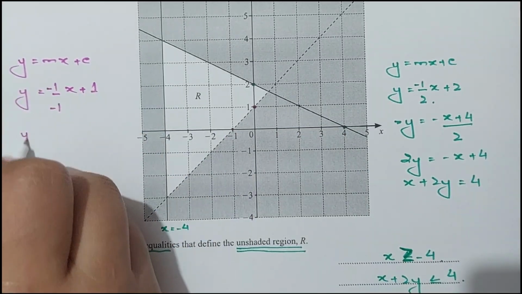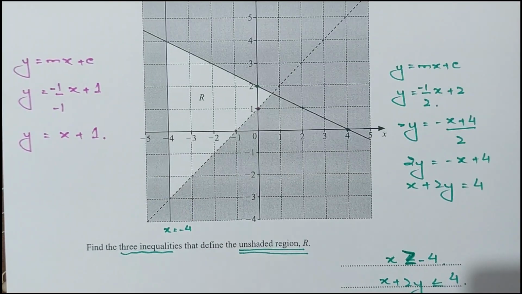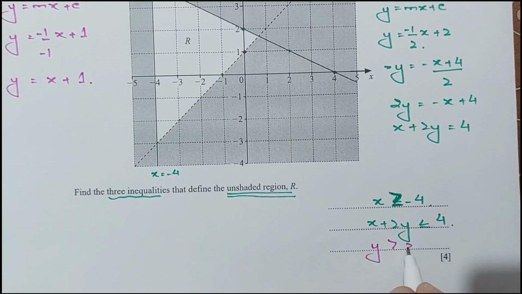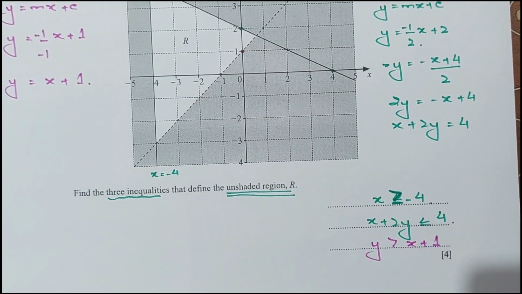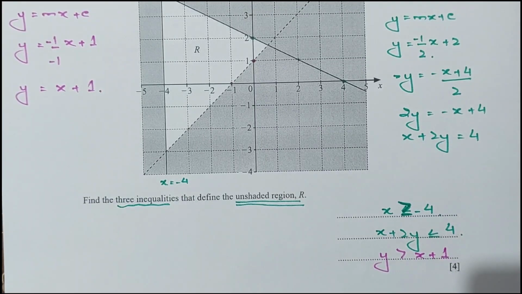So we have y equals x plus 1. That is the equation. And the upper portion is shaded, so we can say y is greater than x plus 1. Not equality, because it is a dotted line, not a solid line. So these are the three inequalities which satisfy the unshaded region.